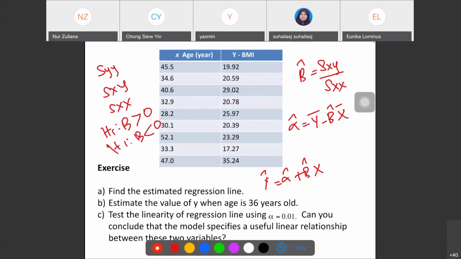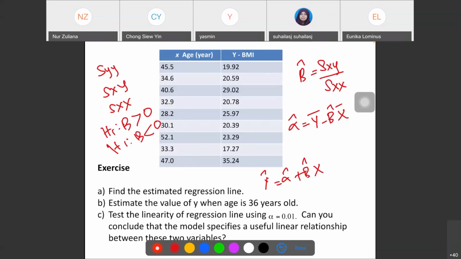If you want to test for linearity, it becomes a two-sided test, so alpha divided by 2. In this case, we normally use the t-test because we have a small number of observations, less than 30. Okay, based on our previous lecture, I want you to try this exercise.